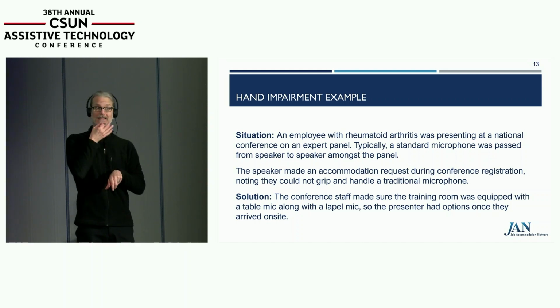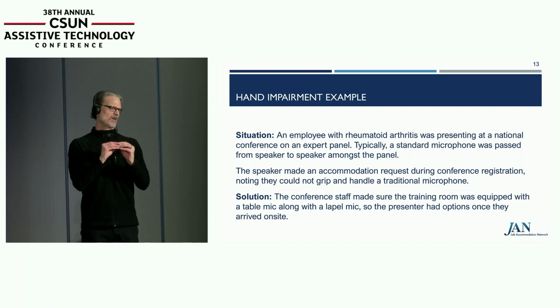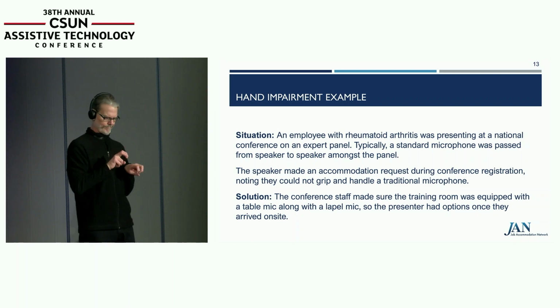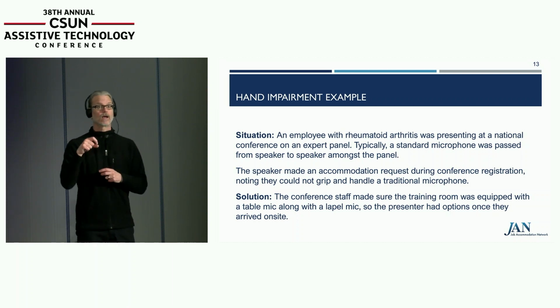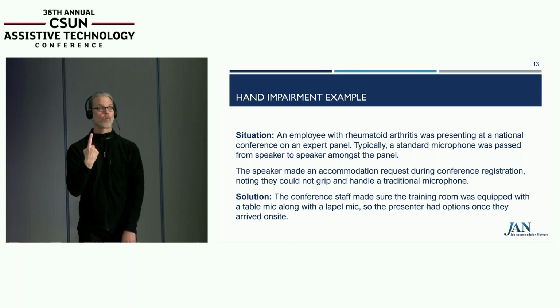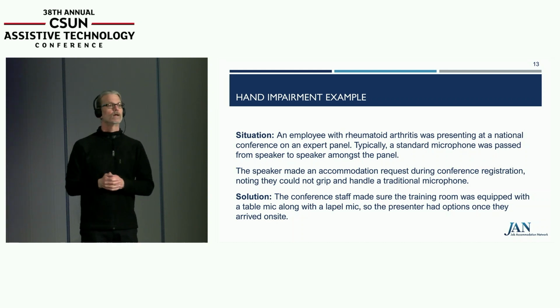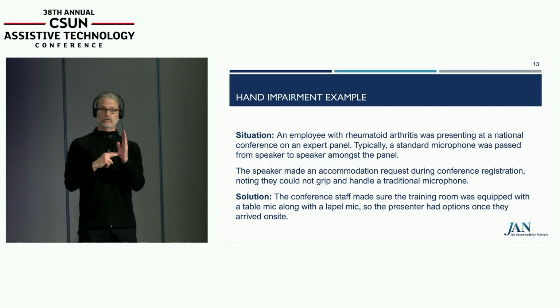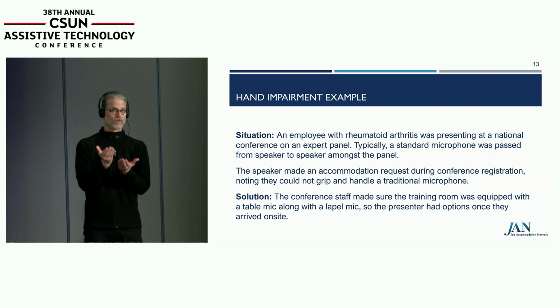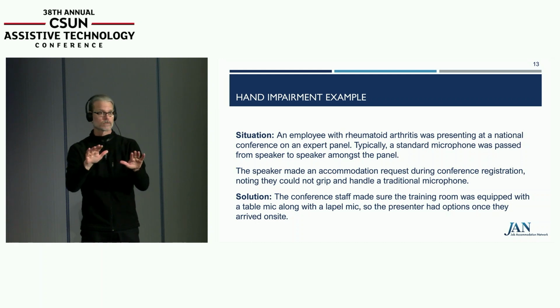Now, typically at this conference, some conferences have one microphone for each speaker on the panel. At this particular conference, they usually had a handheld microphone that they would pass from person to person. So during conference registration, the conference offered an opportunity to make them aware of any accommodation needs. So that's exactly what this person did.